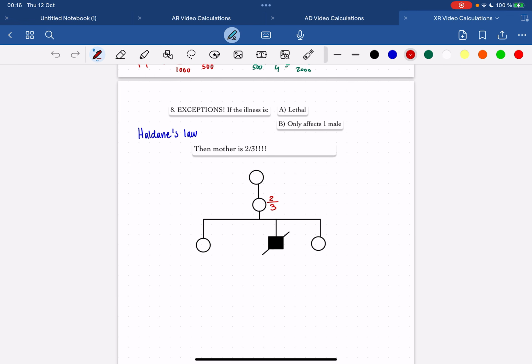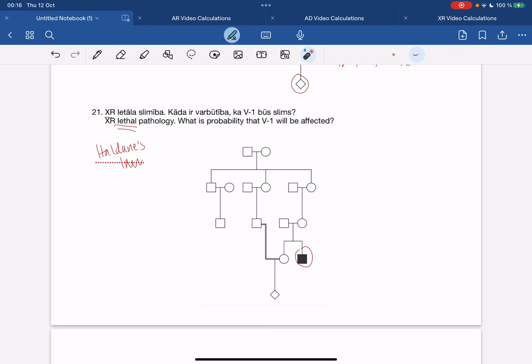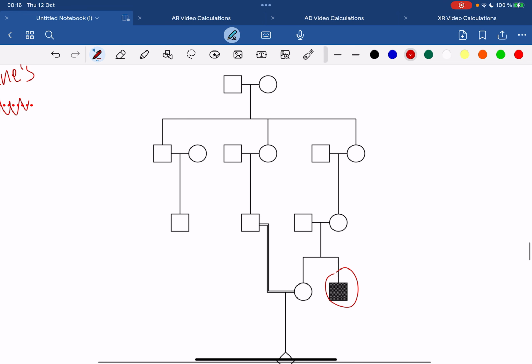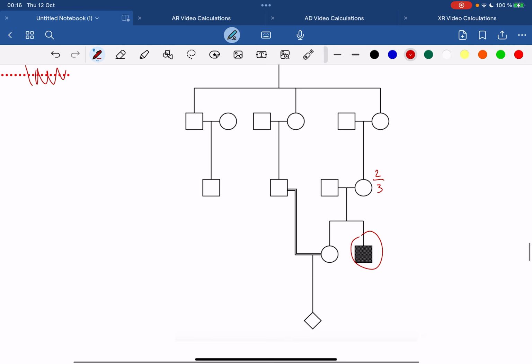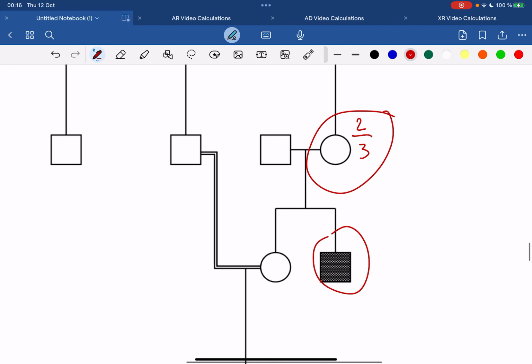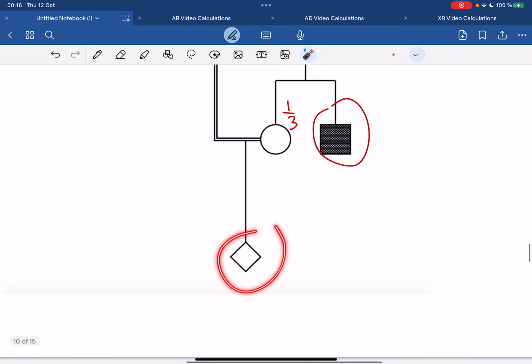So in that case, it means that the mother is always 2/3. So the mother of the affected child has a 2/3 chance of being a heterozygous carrier. For the daughter, she would have half of what the mother has, and half of 2/3 is 1/3. Now we can easily calculate what the unborn child has.